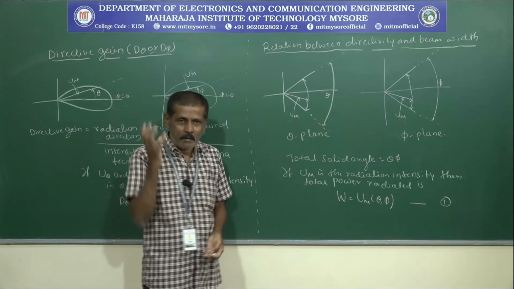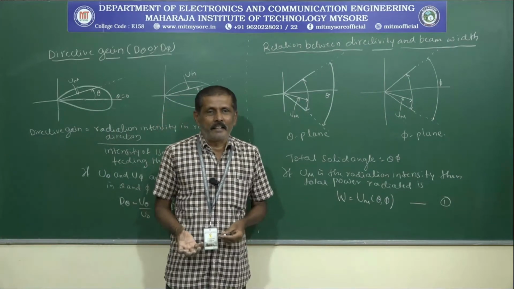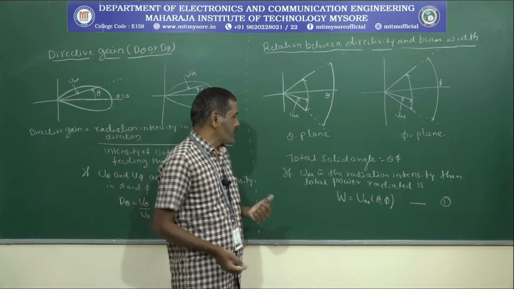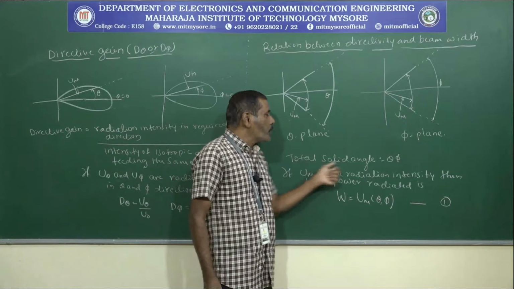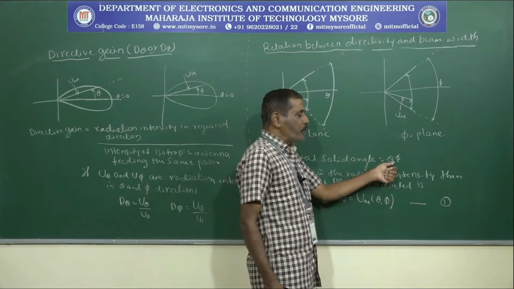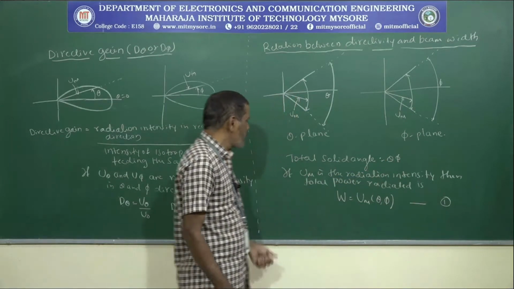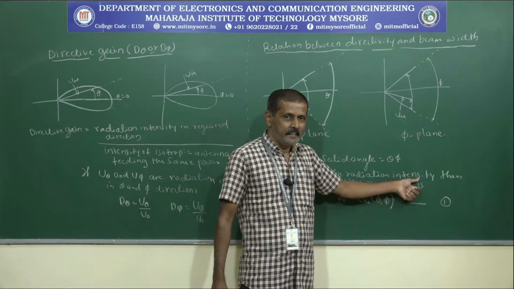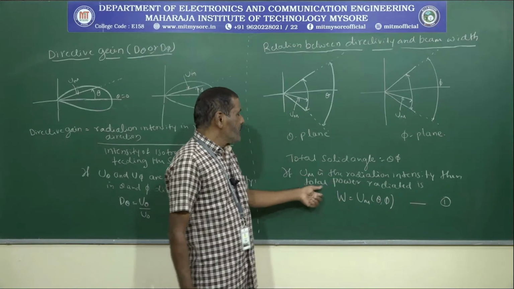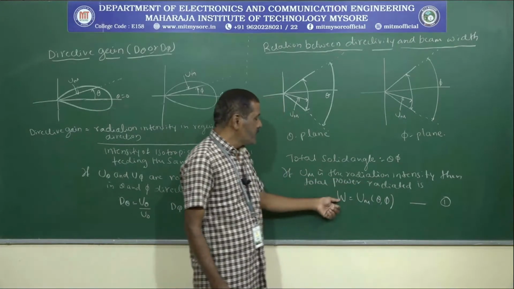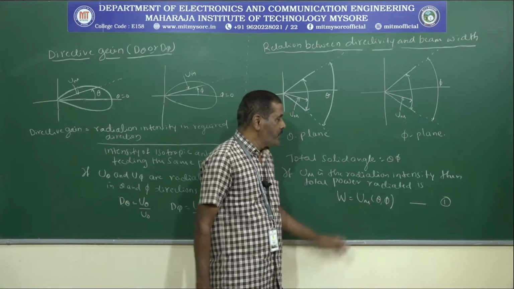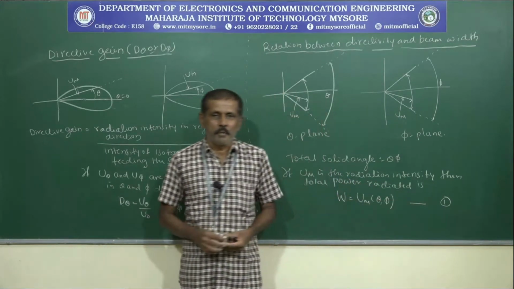Because your antenna is simultaneously radiating in both the vertical and the horizontal directions, the total solid angle will be equal to theta phi. And if Um is the radiation intensity, then the total power radiated is W equal to Um into theta comma phi. Let us call it equation number 1.